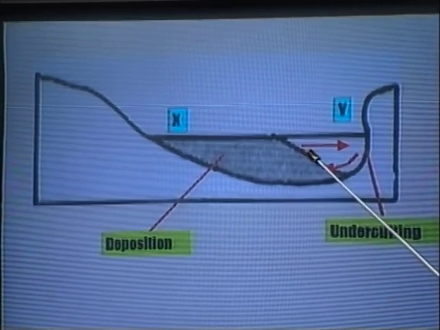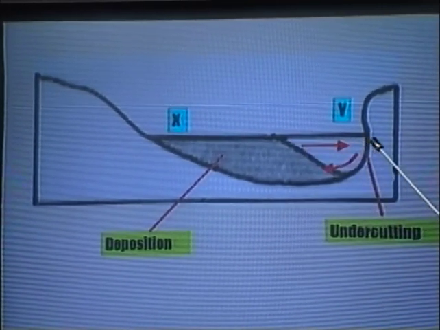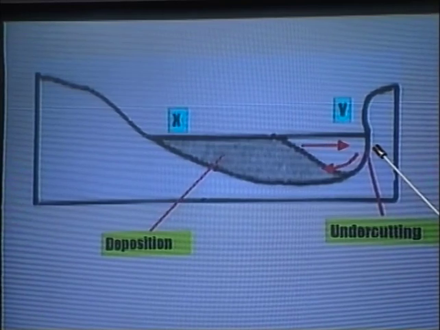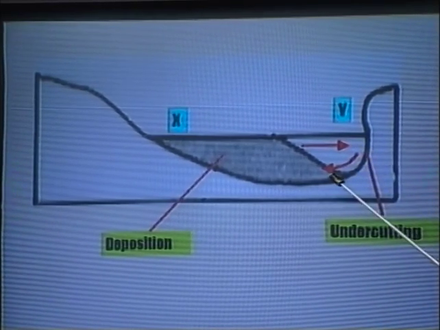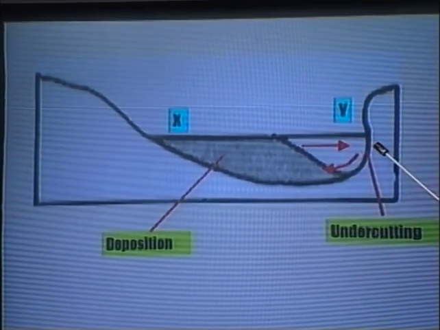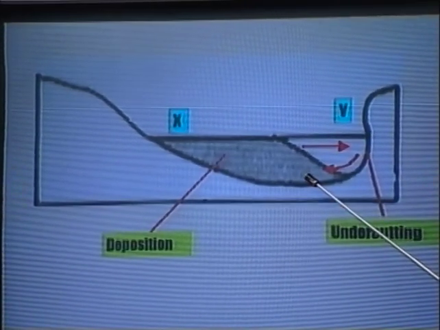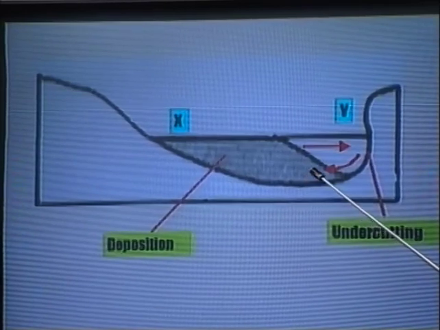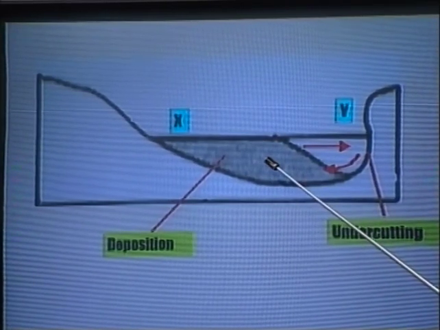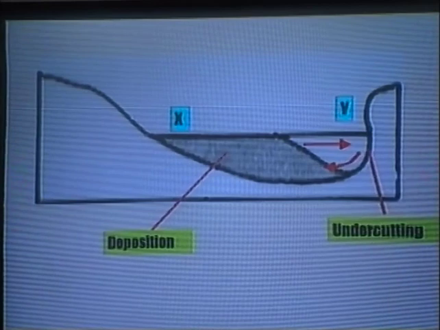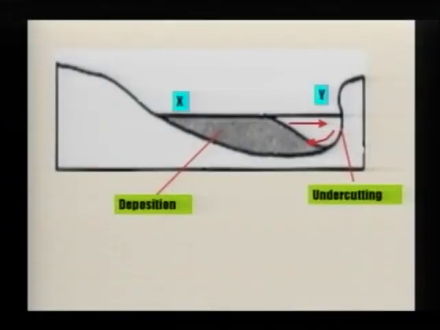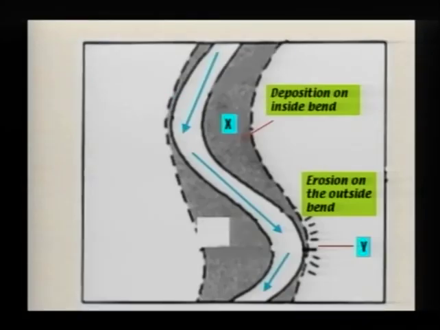Note the arrow. The arrow here shows the flow of the water is actually undercutting here, resulting in erosion. Meanwhile, this red arrow here shows whatever material is being eroded gets to be carried and deposited on the opposite side or the convex bank. So this is a cross-sectional view showing us the same information as that.